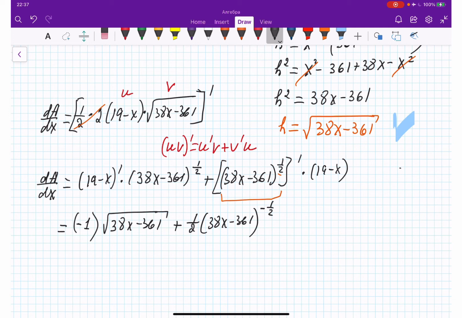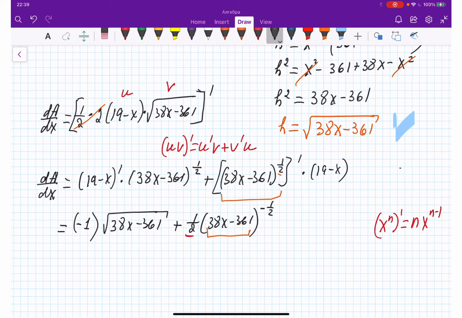Let me remind you the chain rule: (x to power n) prime is equal to n times x to power n minus 1. So this n comes in front, which here is 1/2. And now I have to go inside and take the derivative of 38x minus 361, right?